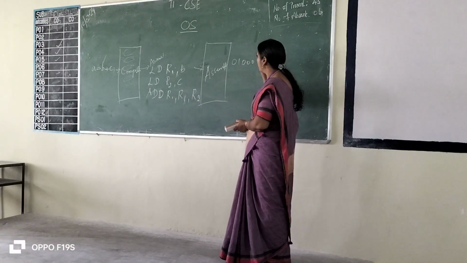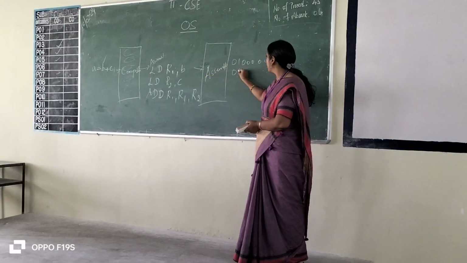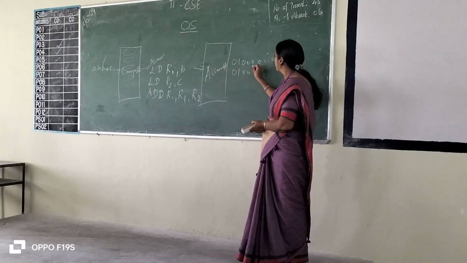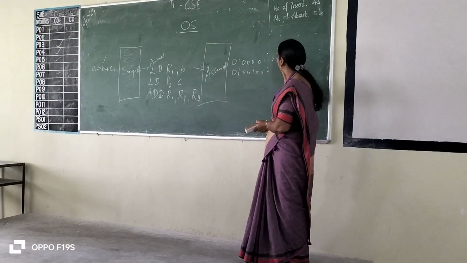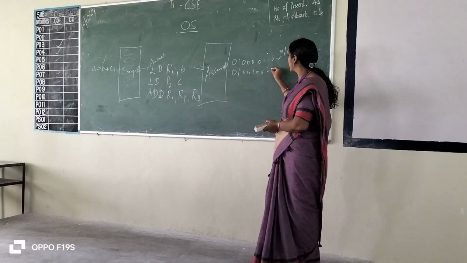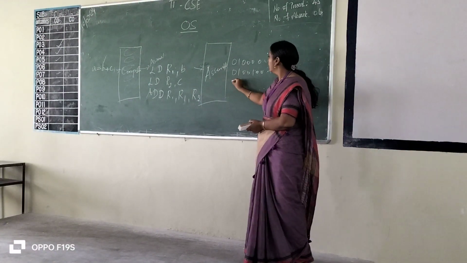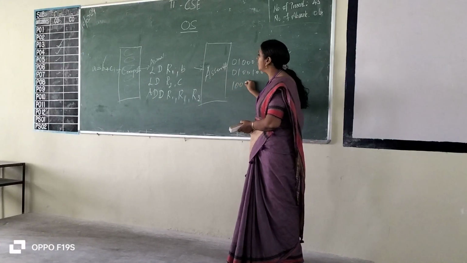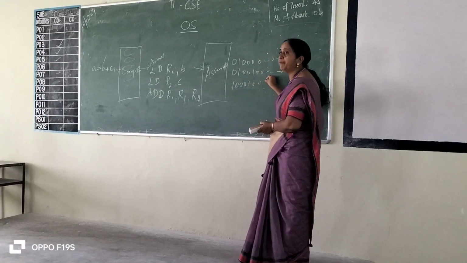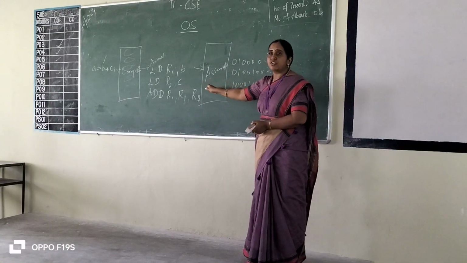So for the load instructions, first we have the load instruction. This is the machine-level code for the first load instruction, and this is the machine-level code for the second load instruction. Then finally we have the add instruction.